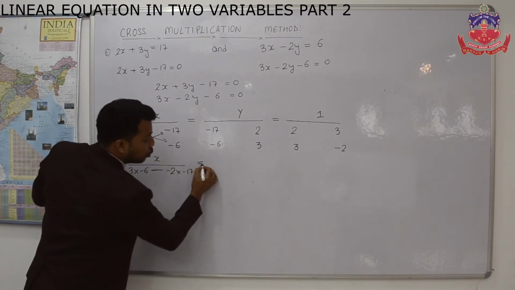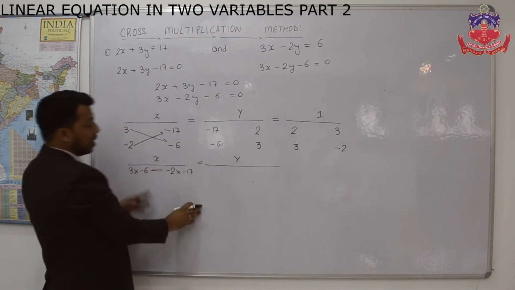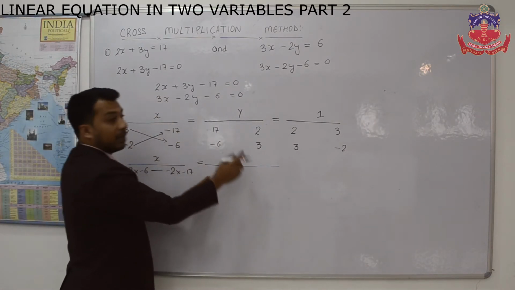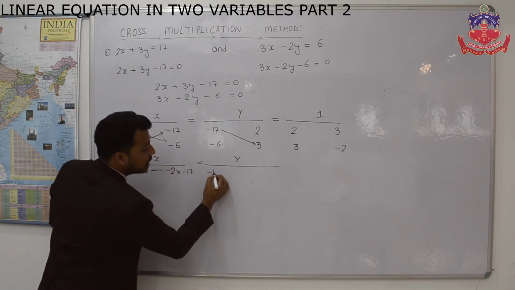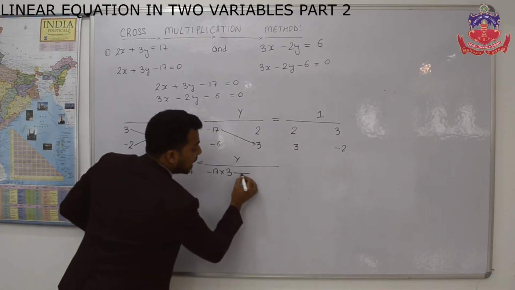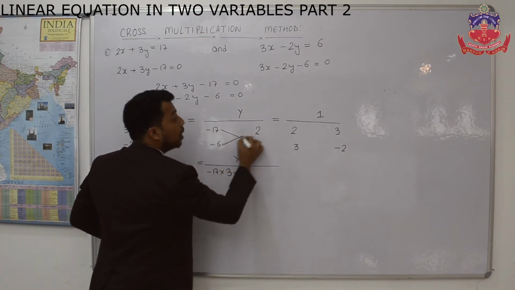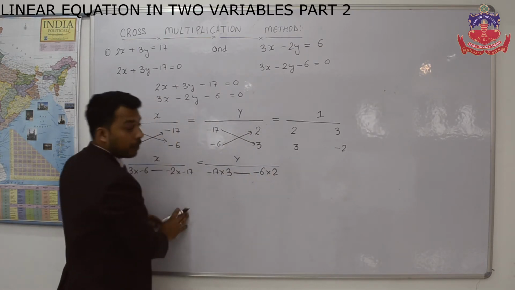You put equals to, and after equals to we go for y. Similarly, the way we have multiplied for x, we are going to multiply for y. That is, from left you multiply with the right number, that is minus 17 into 3. You put a minus sign. Then you multiply the next left side number with the right one, that is minus 6 into 2.